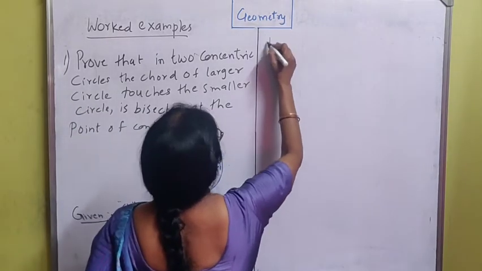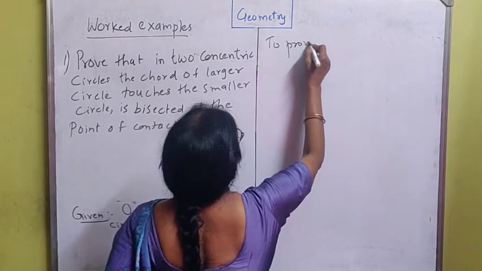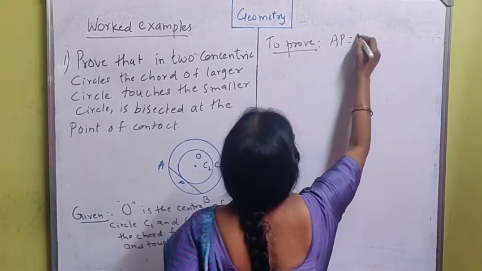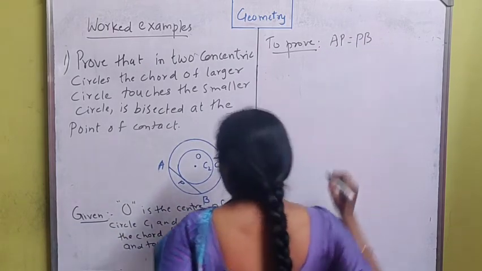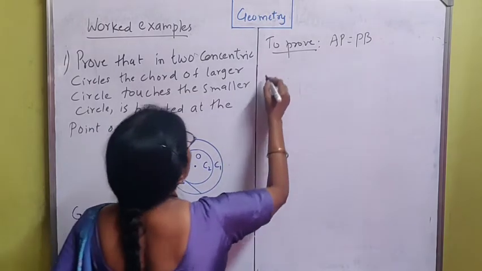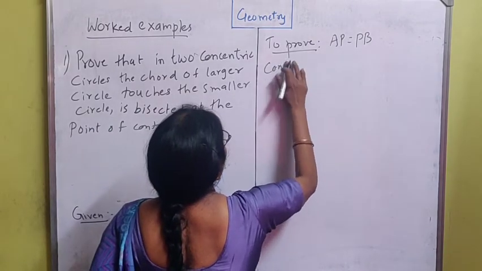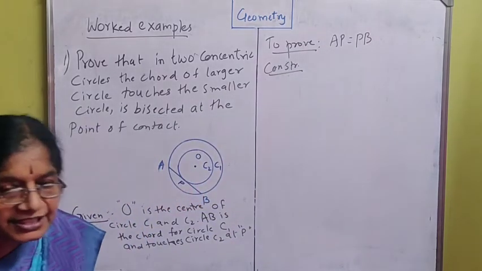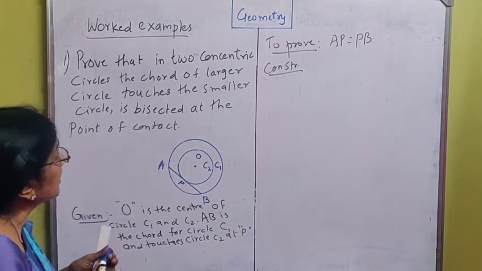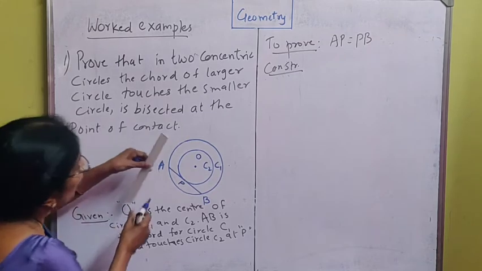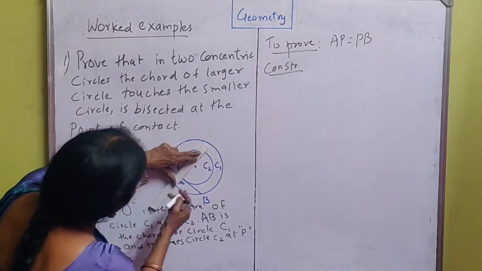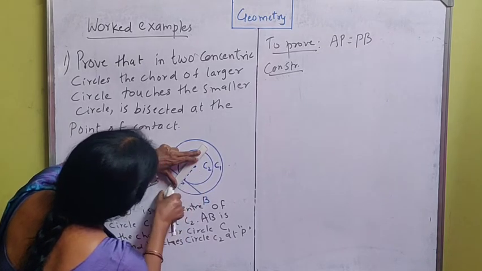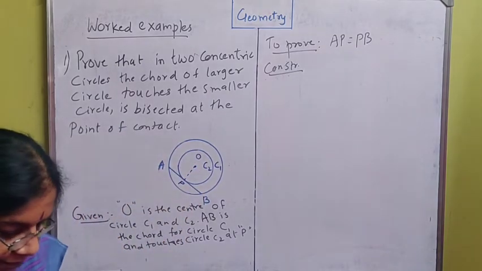What do we have to prove? We have to prove that AP is equal to PB. For this we need to do a construction. What is the construction? The construction says that we have to join OP, very important. So I have joined OP.